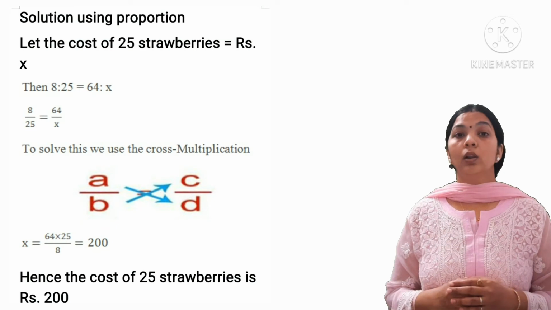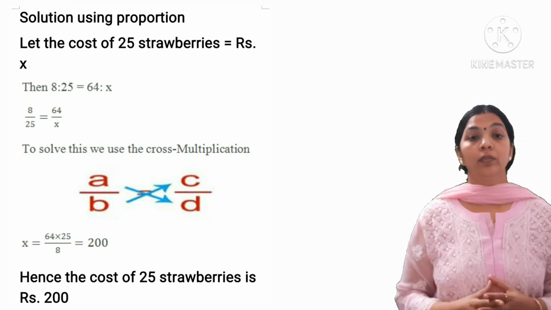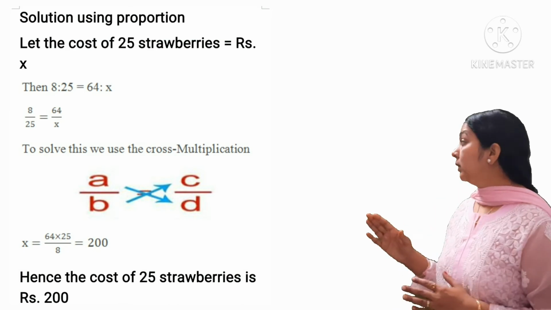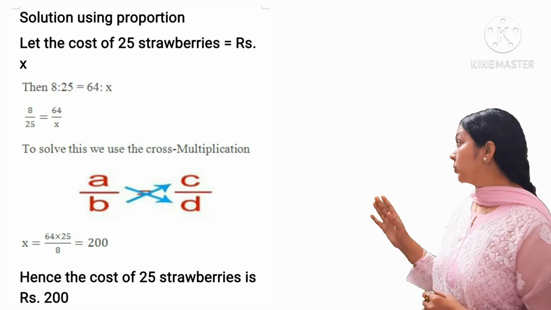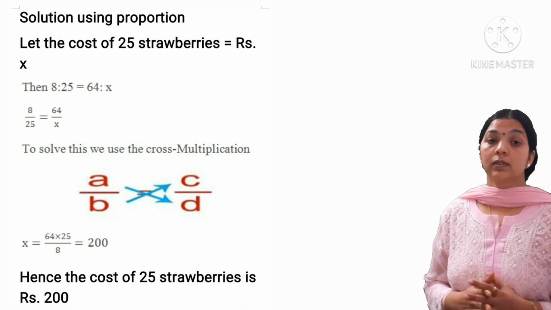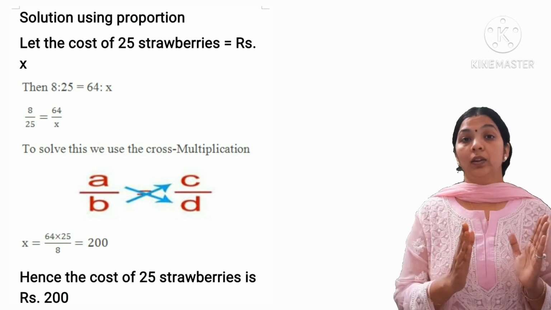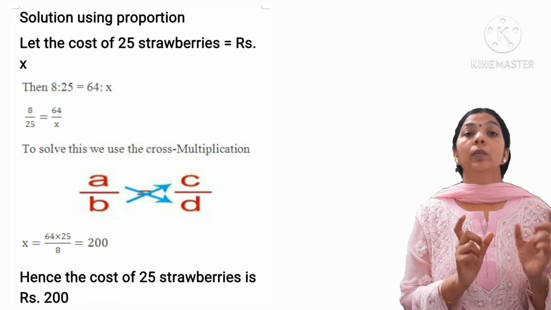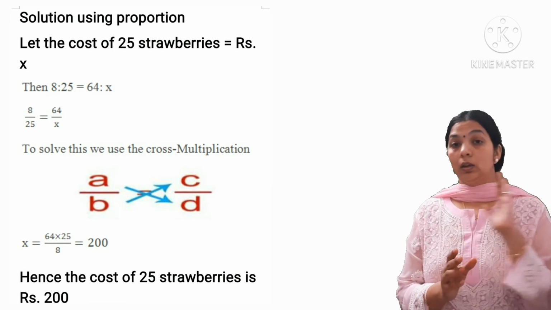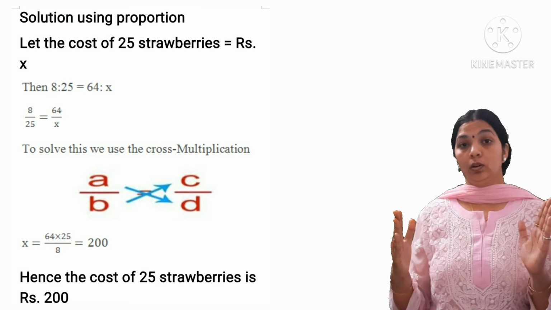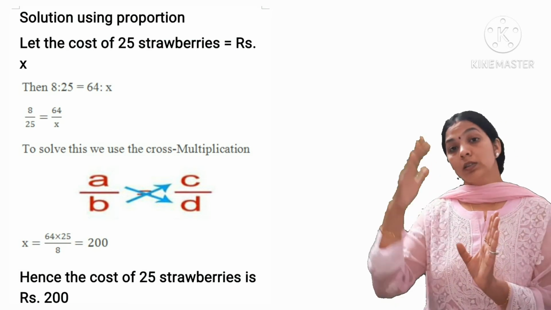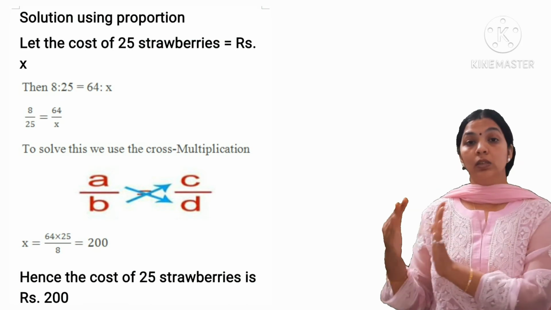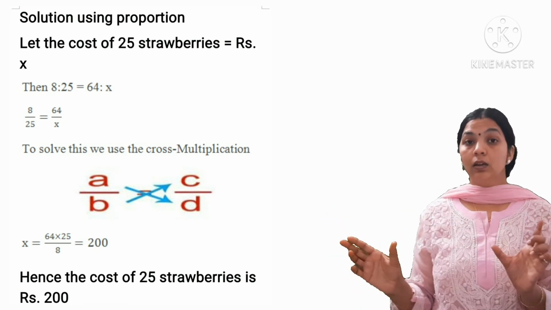Now, how to solve this same question using proportion? Let the cost of 25 strawberries be rupees X. Now, the cost of 8 strawberries is to 25, the number of strawberries. So 8 strawberries cost 64 and 25 strawberries cost X. So 8 is to 25 is equal to 64 is to X. That is the ratio.